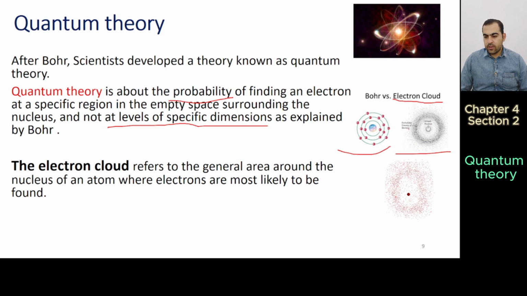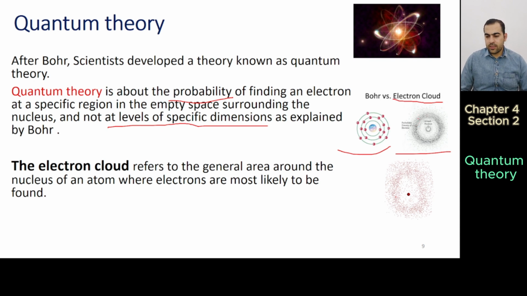Look here, the probability density of the electron. We get the probability density of electrons, and we say that the electron is approximately here. This is the region of high density of electrons. This is an illustration for one electron.